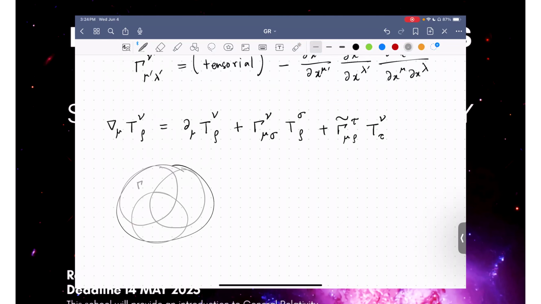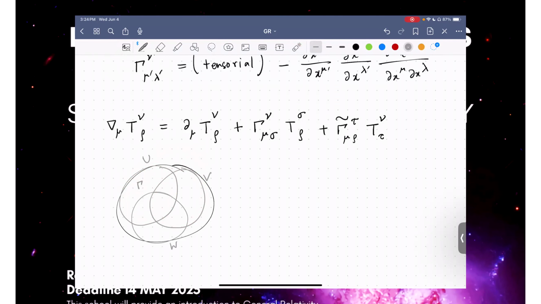And then, once you have defined a gamma here, let me give names to these coordinate charts. Let me call them U, V, and W. Now, once you have completely arbitrarily chosen a gamma here, you can define a gamma here by doing a coordinate transformation from U to W, right?